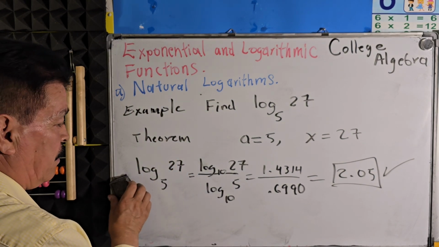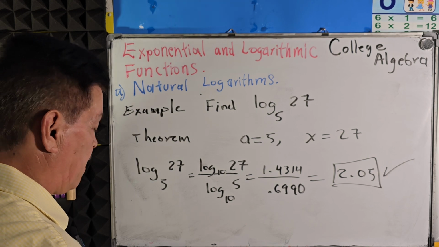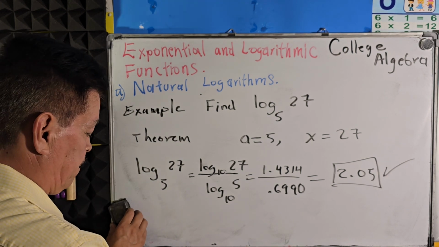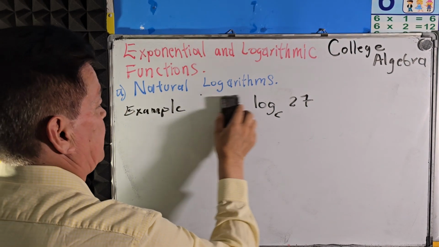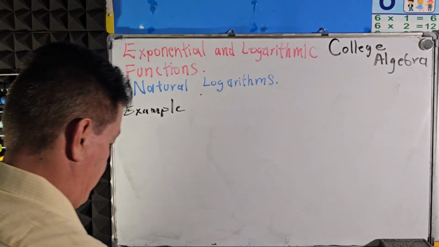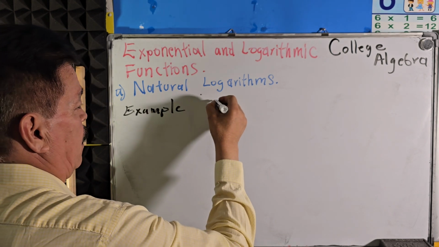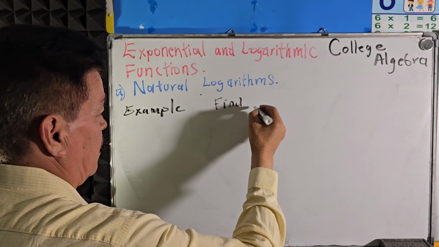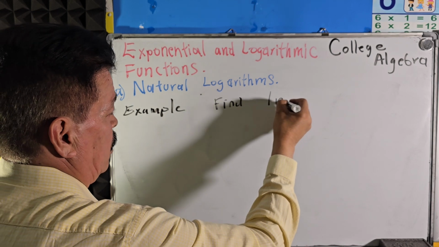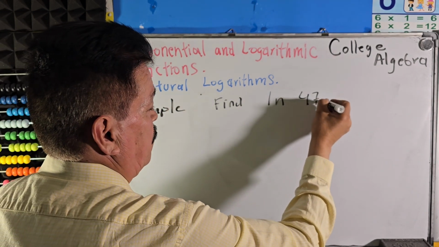So let me do another problem here. Find the natural log of 47.2.